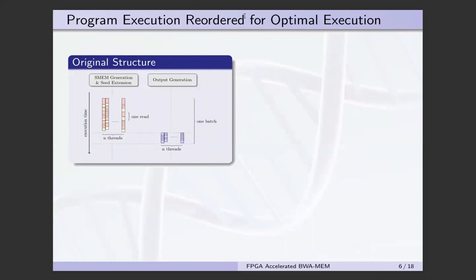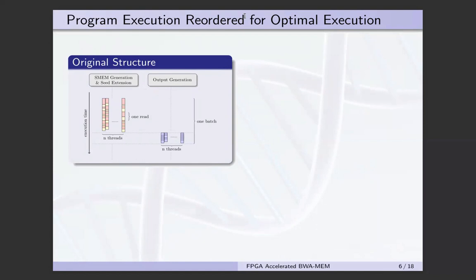If we look at the actual way that the BWA algorithm executes the mapping of the different reads, we see that the various different threads that are running on the BWA are usually interleaved between SMEM generation and seed extension.